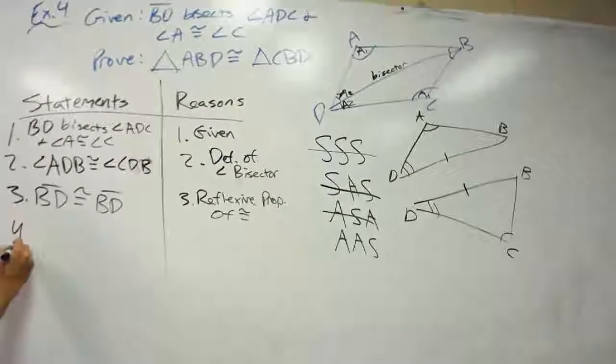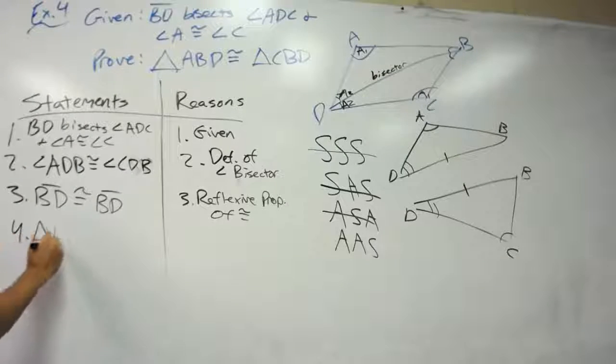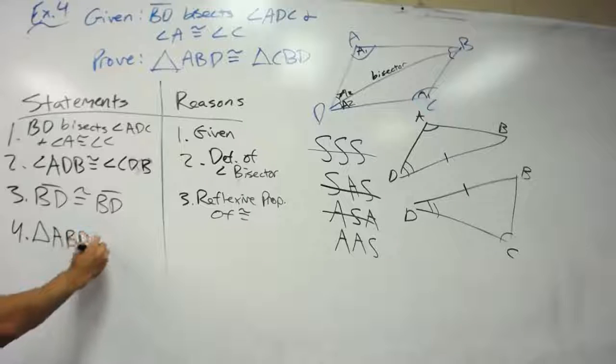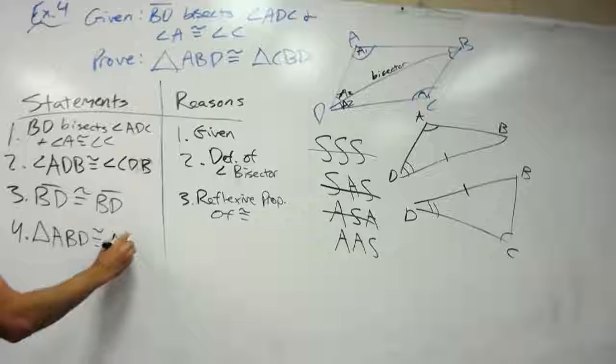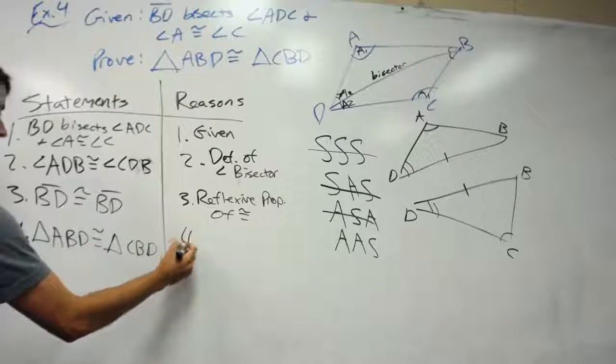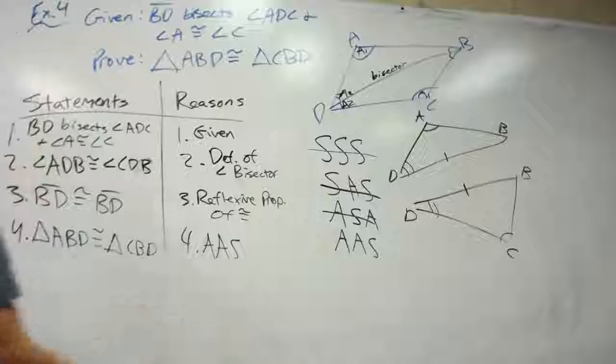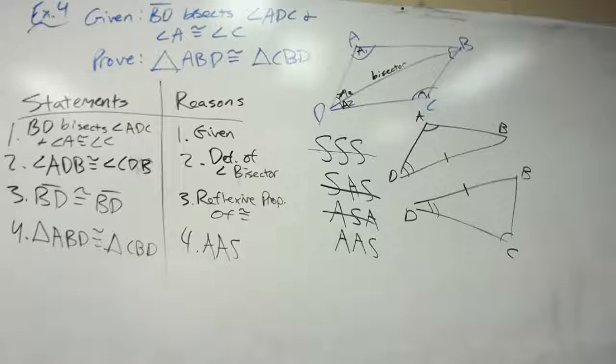So we can say in our proof, triangle ABD is congruent to triangle CBD because of angle, angle, side. And that's an example of how you would do some of those triangle proofs. You're going to start to see those in your homework. But that's an example, and I hope that helps you out.